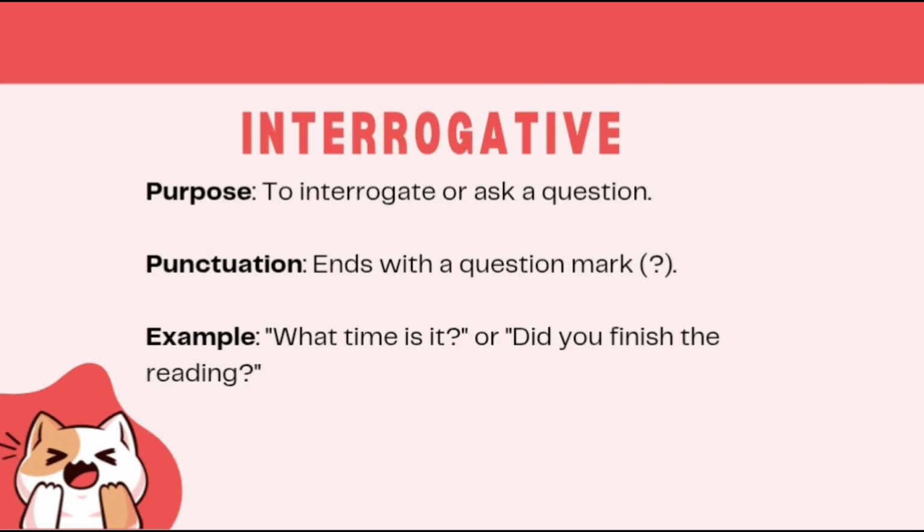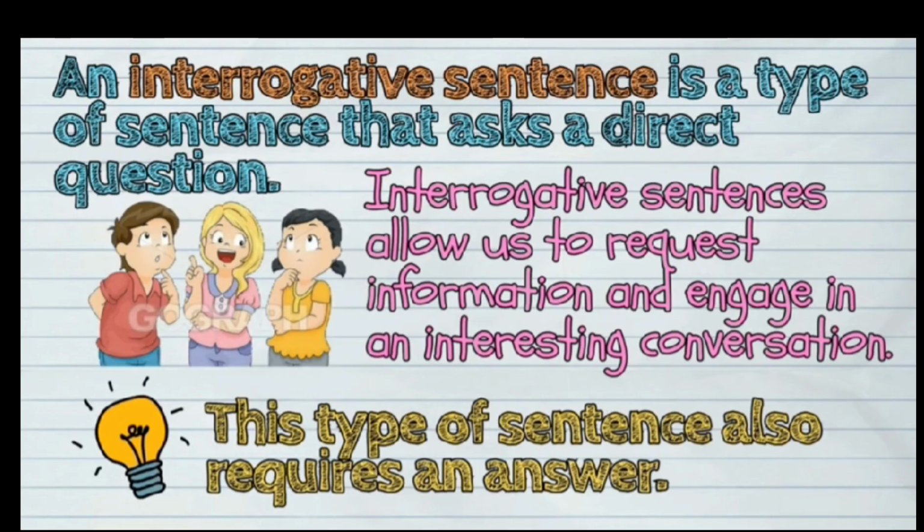For example, "What time is it?" Or, "Did you finish the reading?" An interrogative sentence is a type of sentence that asks a direct question. So basically, interrogative sentences allow us to request information and engage in an interesting conversation. So this type of sentence also requires an answer.